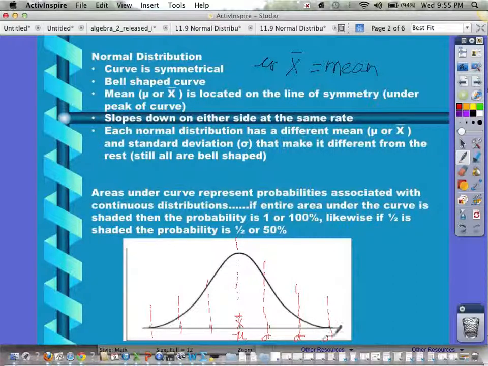And depending on how many sigma it is away from your mean, we're talking about standard deviations away from the mean, okay? So if everything is shaded underneath the bell curve, it's a probability of 1 or 100%. If only half, it's 1/2 and 50%. Okay, so this is what we'll be doing. You'll need to be making your bell curves and putting in your lines and everything as we go. All right.